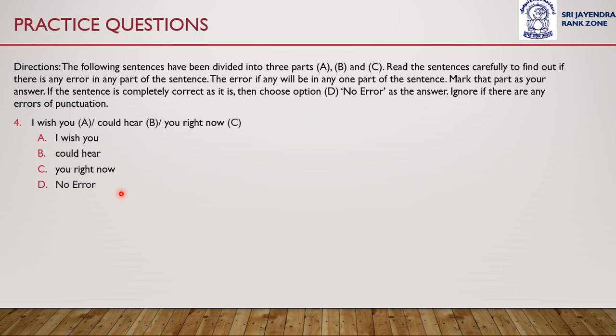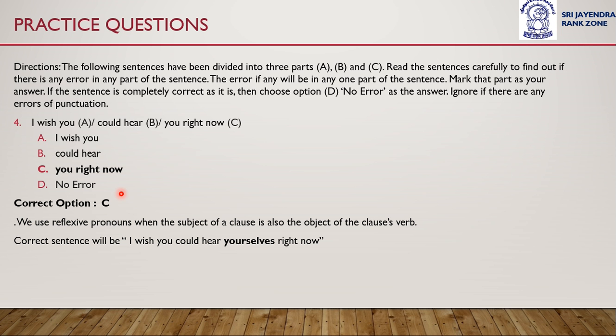Alright, so the answer to this question is option C. Why? Because with reflexive pronouns, when the subject of a clause is also the object of the clause verb, we have to use reflexive pronouns over here. So: I wish you could hear yourself right now. Not you right now but yourself right now. We have to use reflexive pronouns. Alright.